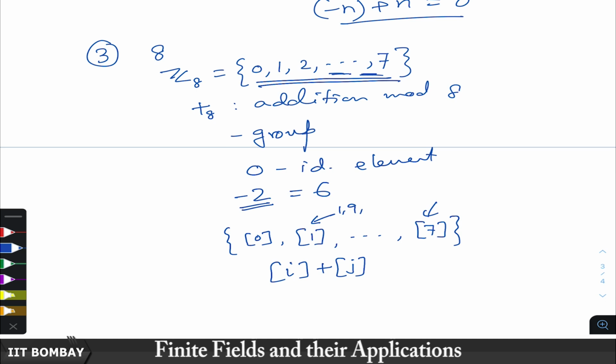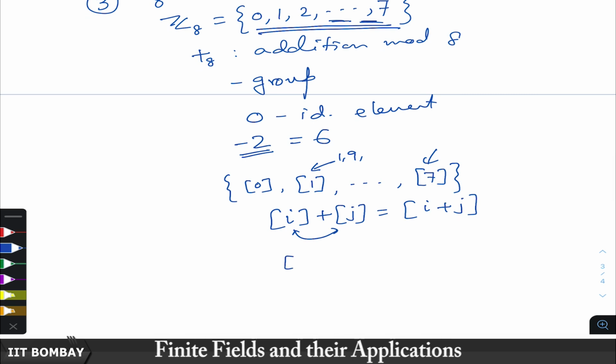So, this will have 1, 9 and so on, and the negative numbers also. So, i plus j, this is an operation between two sets, the two congruence classes. This was defined as the congruence class of i plus j. So, if you take for example, 4 plus 5, the congruence class of 4 plus 5, which is congruence class of 9, which is same as congruence class of 1.